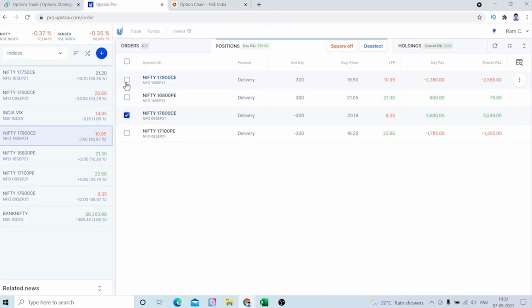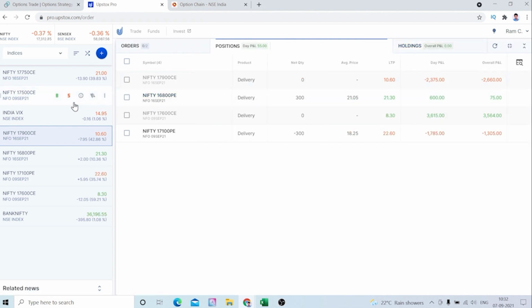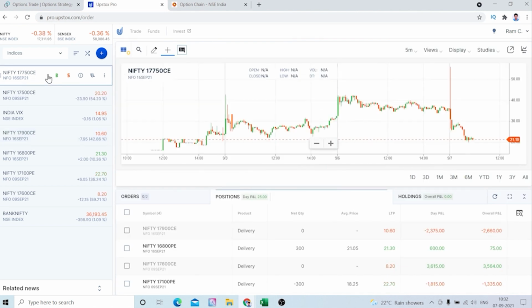In that place, I'll take fresh positions based on the premiums of the put options which are trading now. Okay, put option premiums are trading around 20, 22. So around the same price again I am executing the options with the same quantity.